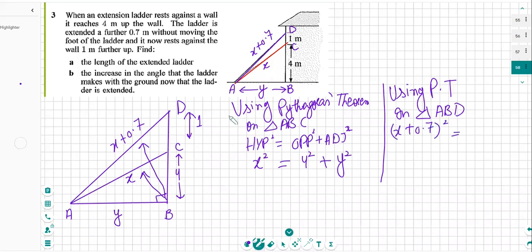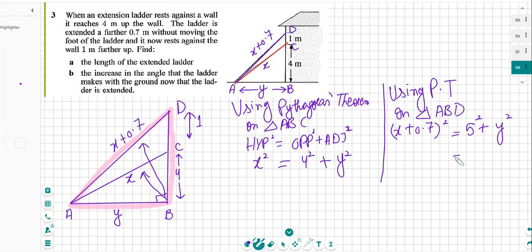Opposite side is the longer length for this triangle. The opposite side is 1 plus 4, 5, right? And adjacent side is y again. And you need x. So we have x in both equations, but we have to get rid of this y as well.